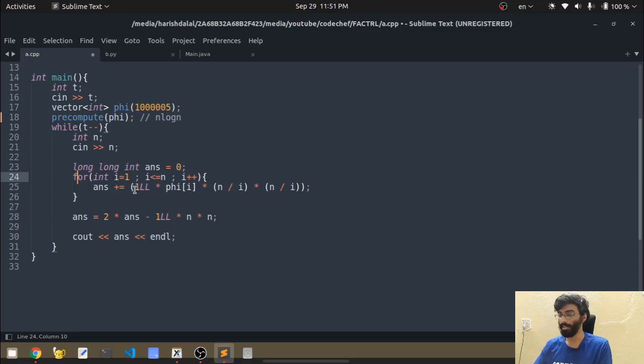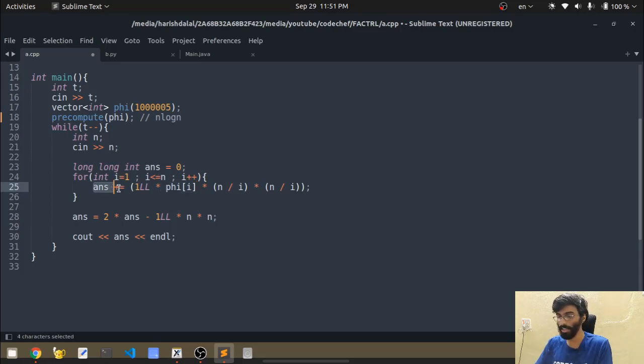As I have told, we have to iterate our x from 1 to n, and for each x we will be multiplying phi of x times n by x multiplied by n by x, as this is the number of pairs for single x and y, and phi of x denotes the number of y's for a single x whose GCD with x is 1, and adding it to the answer.